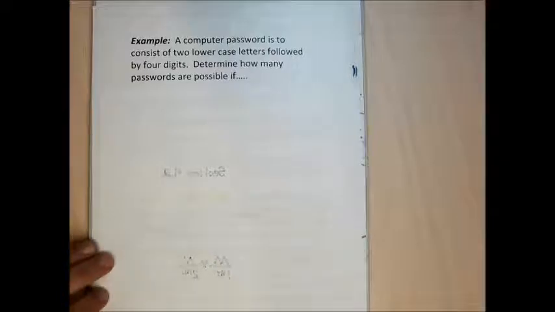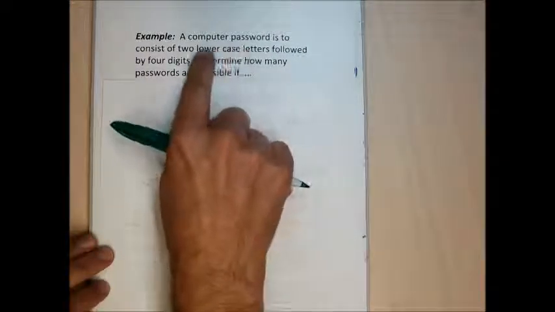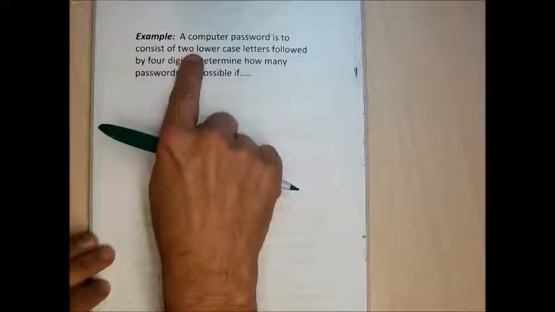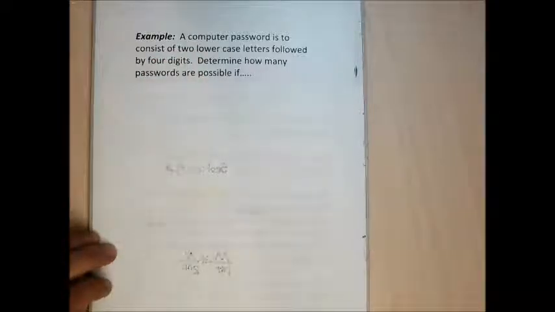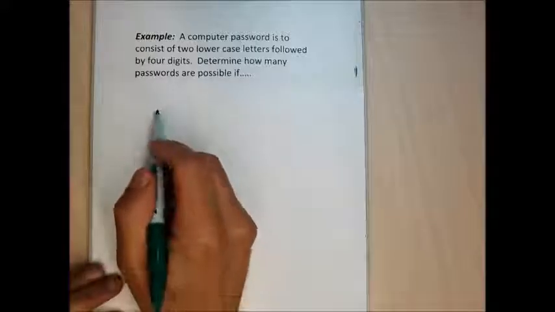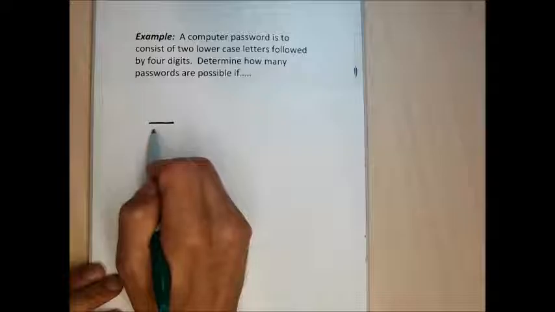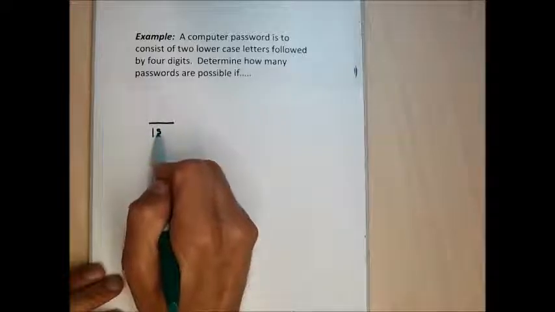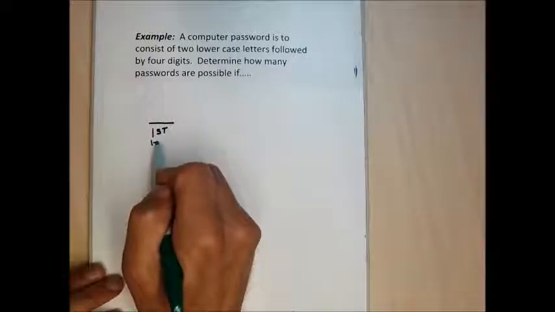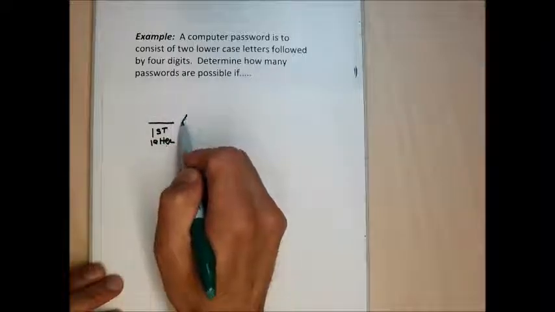So here's a counting principle problem. A computer password is to consist of 2 lowercase letters followed by 4 digits. Determine how many passwords are possible if, and then we'll get to the if here in a second. So essentially, experiment 1 is going to be to pick a first letter. That's my first of, I guess, 6 experiments.